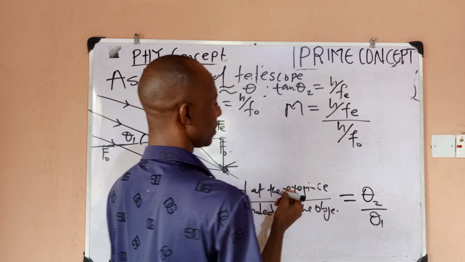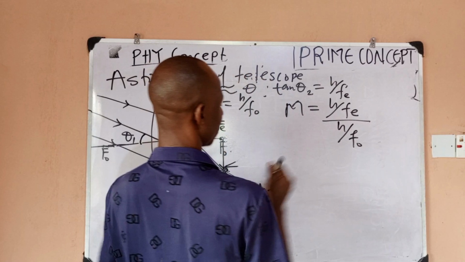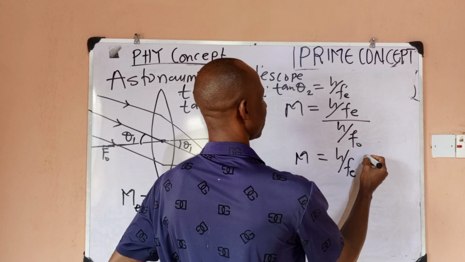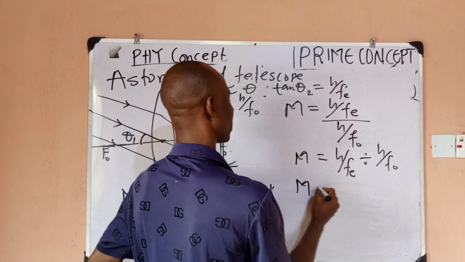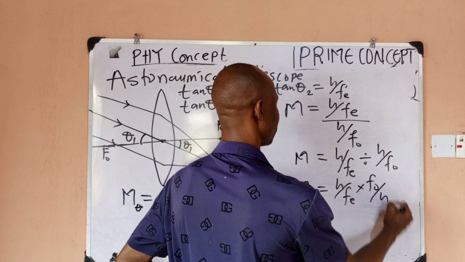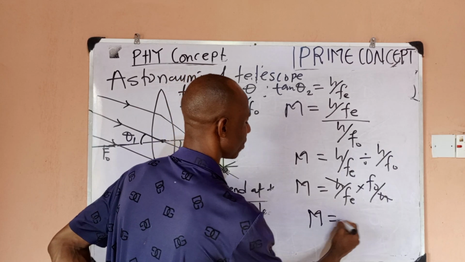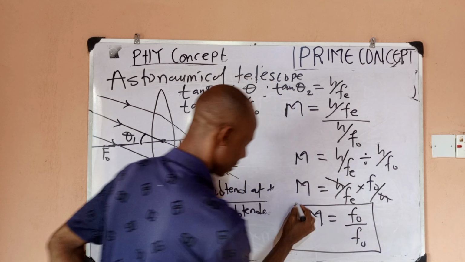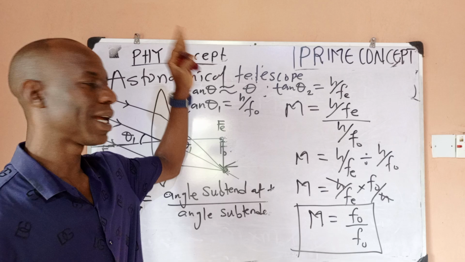So if I solve this, I would have that my magnification m is h over fe divided by h over fo. So I can say magnification is h over fe times fo divided by h, so that h can fizzle out. And then I would have that the magnification is fo over what? Fe.